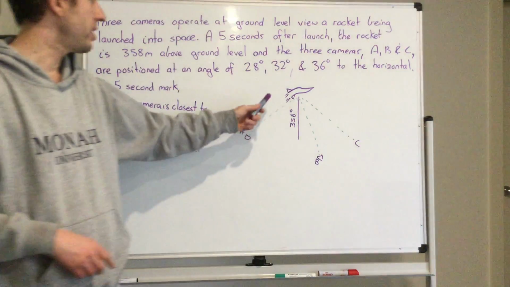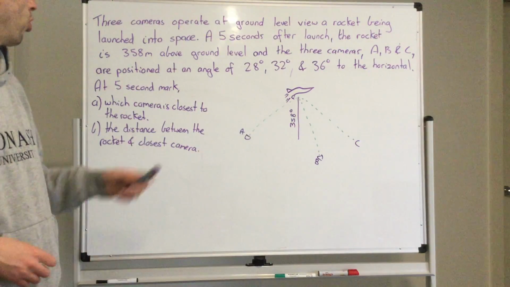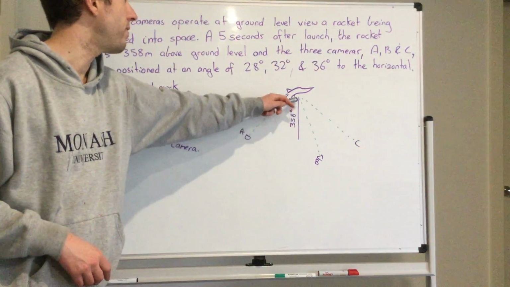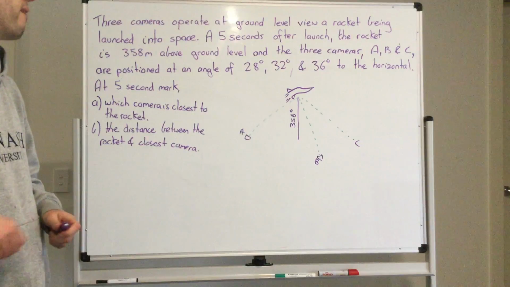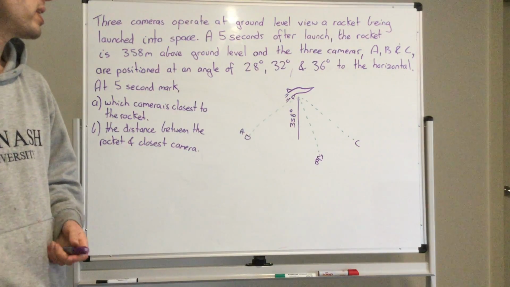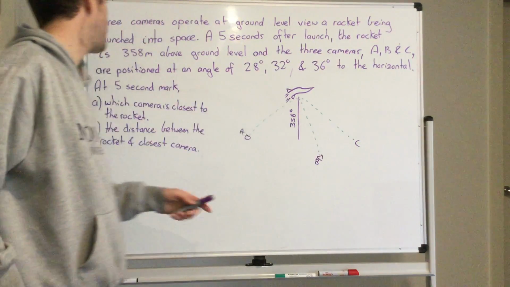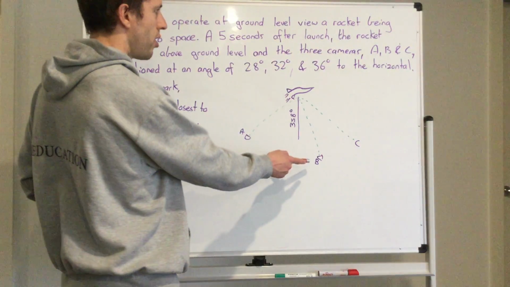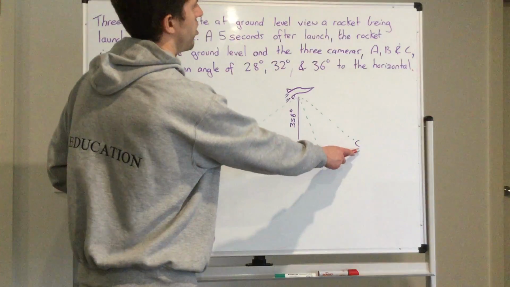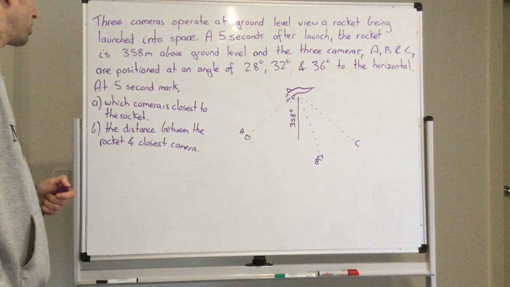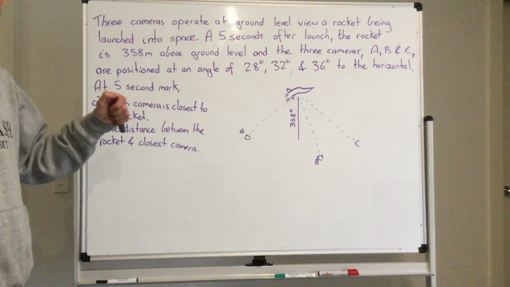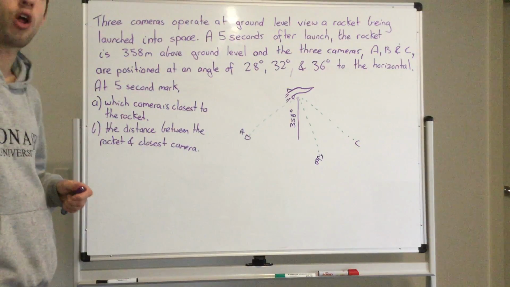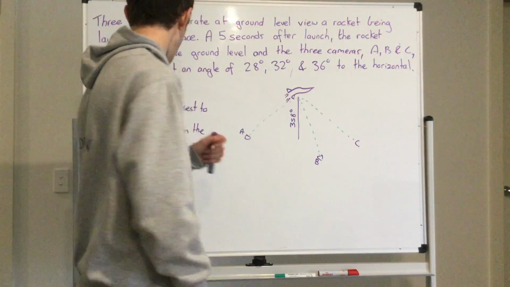At 5 seconds after launch, the rocket is 358 meters above the ground level, and the 3 cameras A, B, and C are positioned at an angle of 28 degrees, 32 degrees, and 36 degrees to the horizontal. At the 5-second mark, which camera is closest to the rocket?